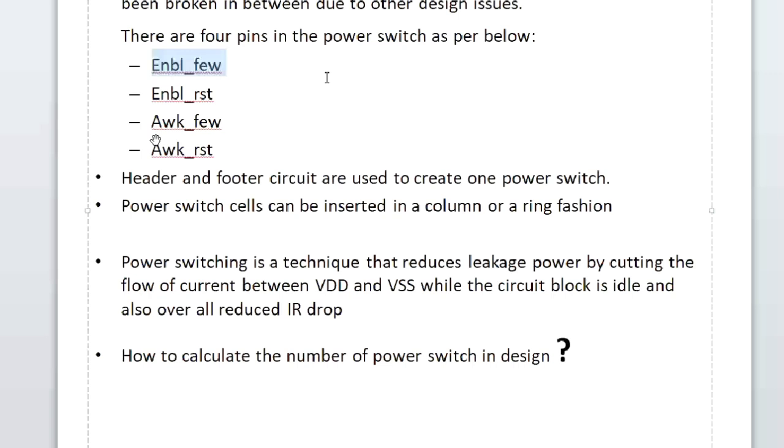Enable fewer should be mapped with enable fewer. In between, I cannot see the enable fewer signal reach the enable fewer, because one of the cells is sitting in between, so we cannot reach the output. Feedback came, and I asked my lead, and he told me we can leave those cells.